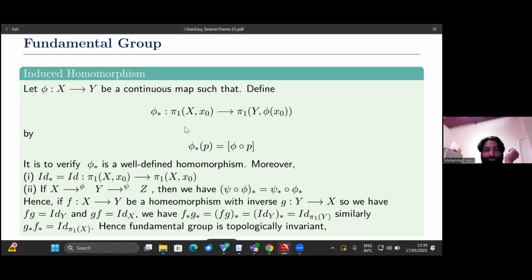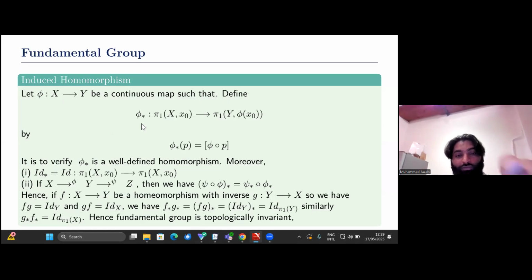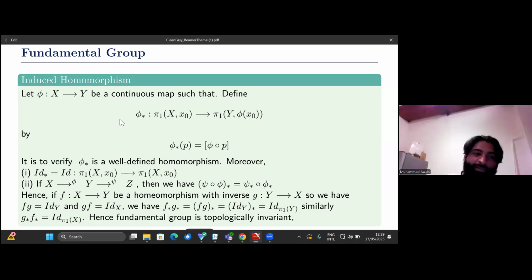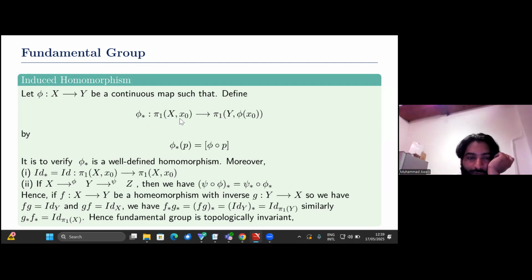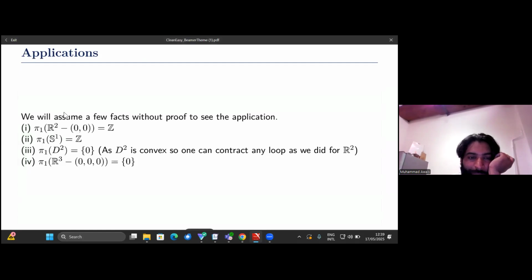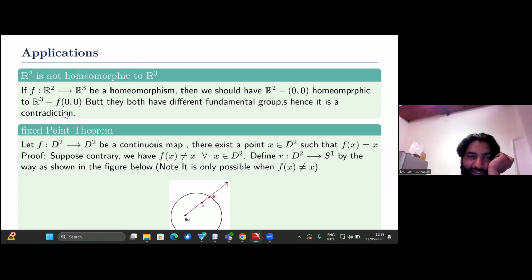Also this push forward is important: whenever you have a continuous map from X to Y, you can define a group homomorphism phi star from the fundamental group of X to the fundamental group of Y. Good.